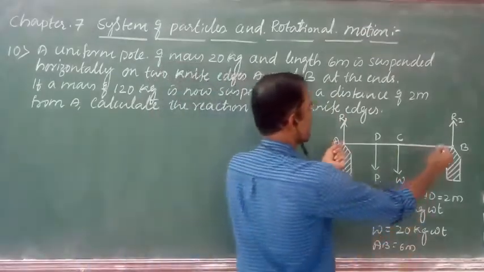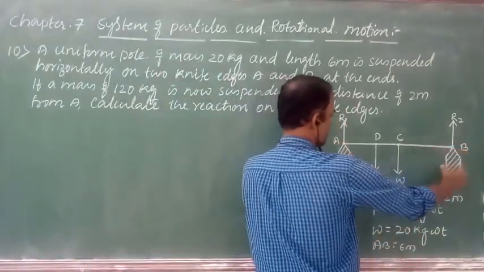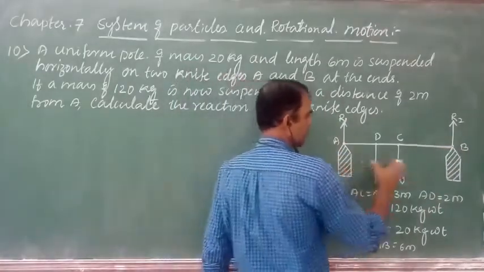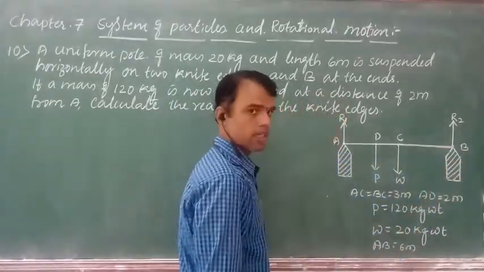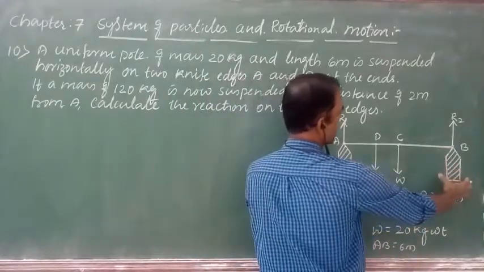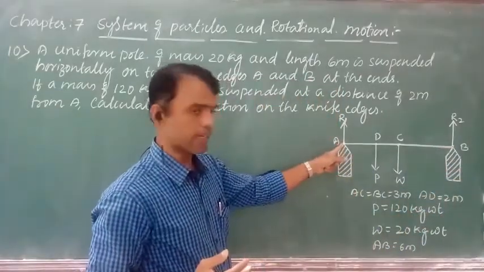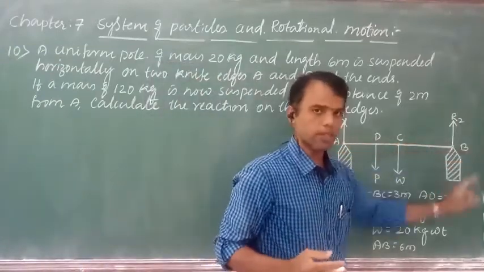And this pole is suspended with the help of two knife edges, placed one at A and the other at B.